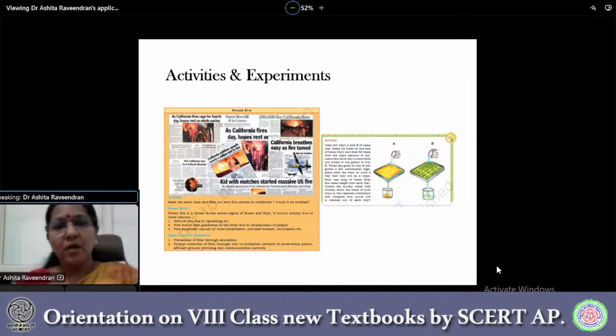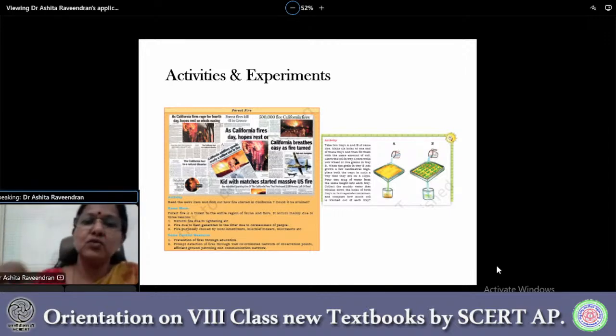Now we have activities, and explaining the things that I have explained before. It will be coming again and again here also, because we have various activities and experiments given in our textbook. For example, here if you look at this, it shows various newspaper reports on the California fires. Now they have asked, you have to read the news and find out how the fire started in California.